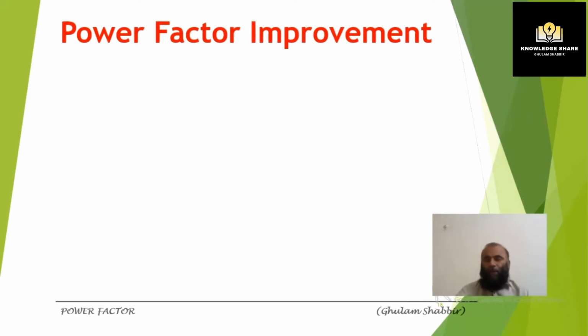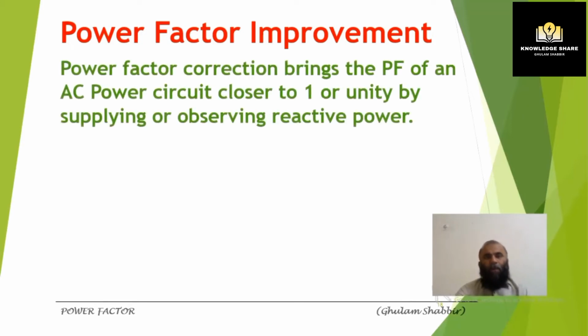The last topic is about how to improve power factor. Power factor correction brings the power factor of an AC power circuit closer to 1, or we can say to unity, by supplying or absorbing reactive power.